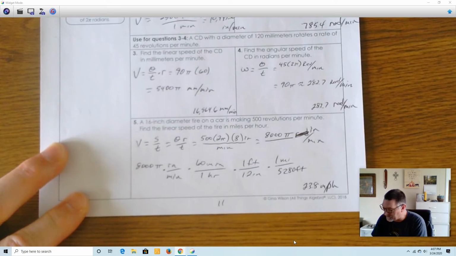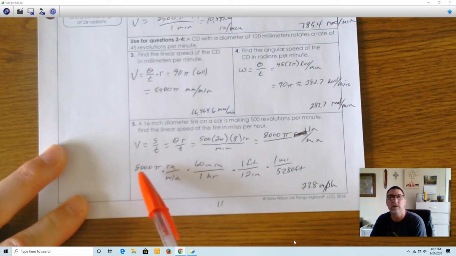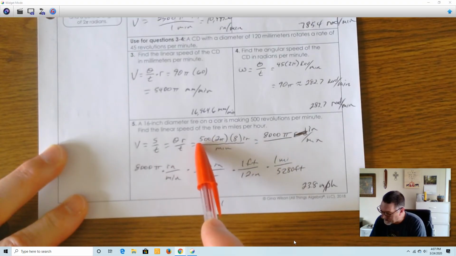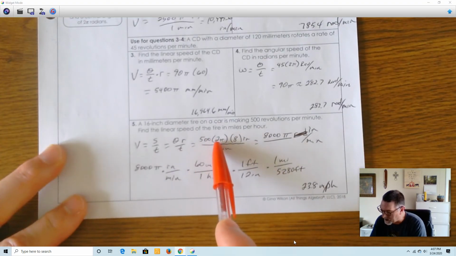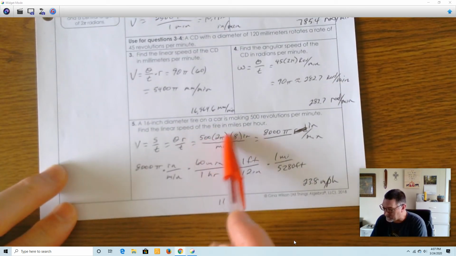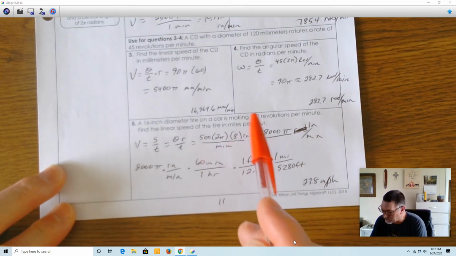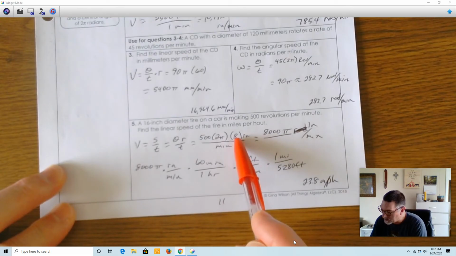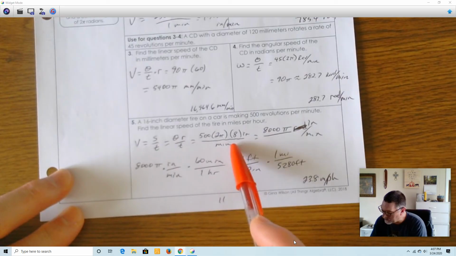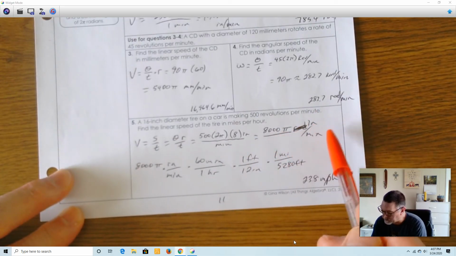First, we find the angular velocity before the linear velocity. We multiply 500 revolutions per minute times 2 pi, which gives us the angular velocity. Then we multiply that by the radius, which is 8 inches. When we do that, we get 8,000 pi inches per minute.